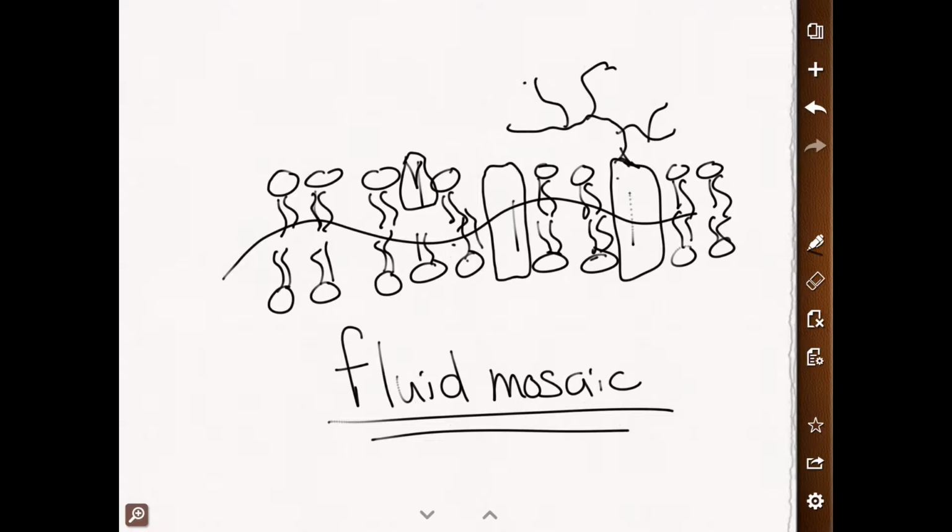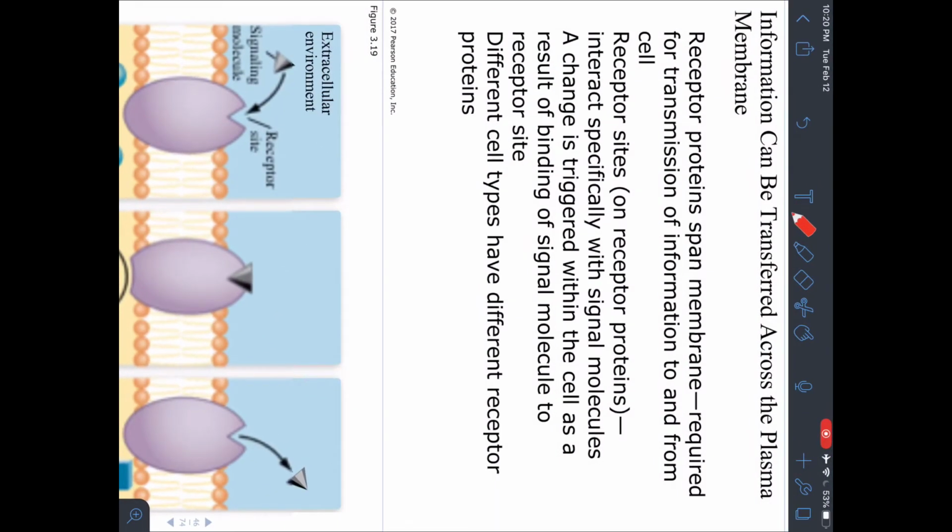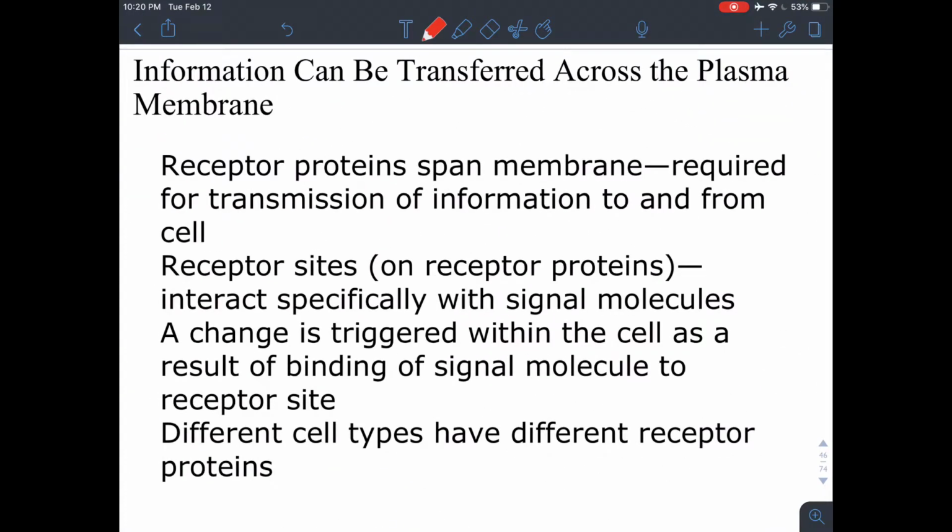So let's go back to our notepad here and continue on. So the ones that span the membrane, which means that they have one side of the protein on the inside of the cell and the other side of the protein on the other side of the cell, we call these receptor proteins, and they are involved in what we call cell signaling.